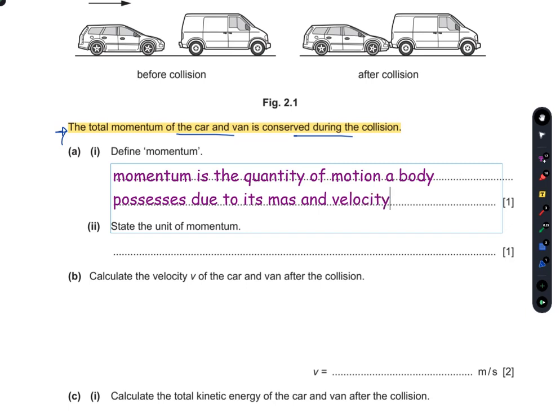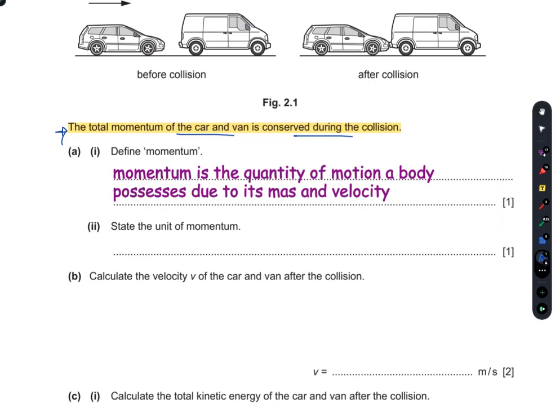You can write the formula here: momentum is equal to mass multiplied by velocity of the body.